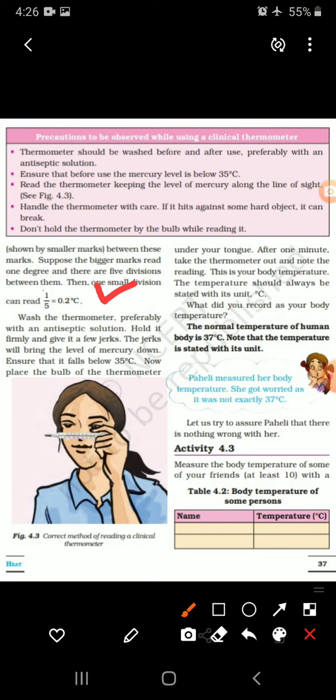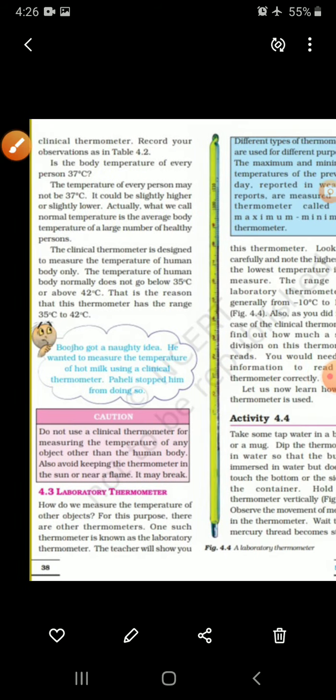Now activity 4.3. Measure the body temperature of some of your friends, and complete this table. Write down the names of your friends and their body temperature.